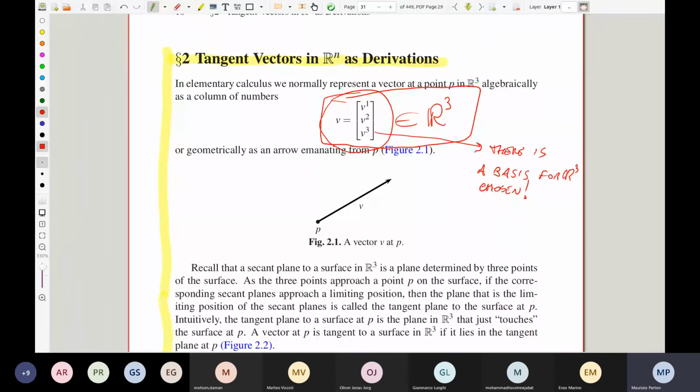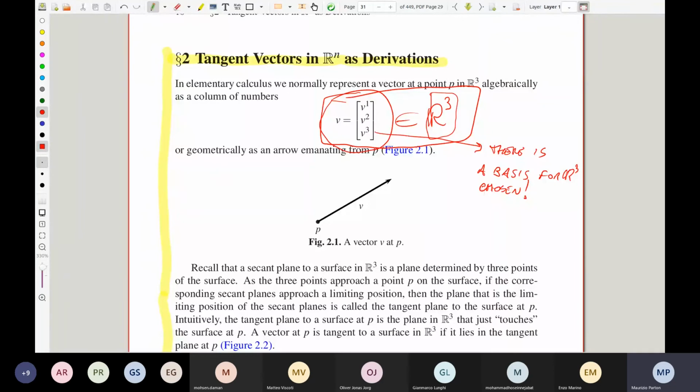Now, of course, there is something called the canonical basis on R3, since this is defined as the product of three real fields, and so you have the vectors 1, 0, 0, 0, 1, 0, 0, 0, 1, okay?